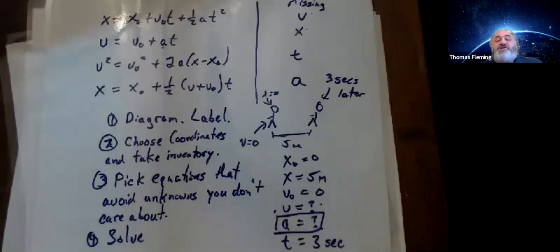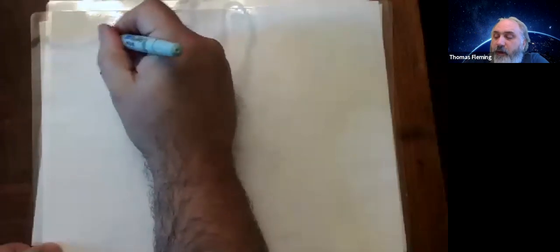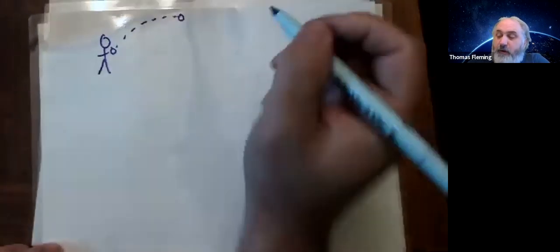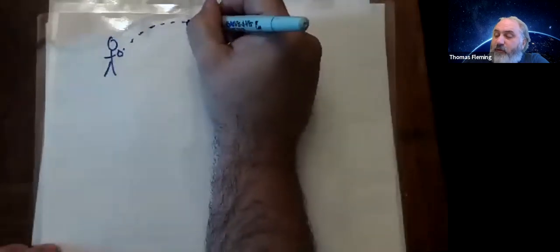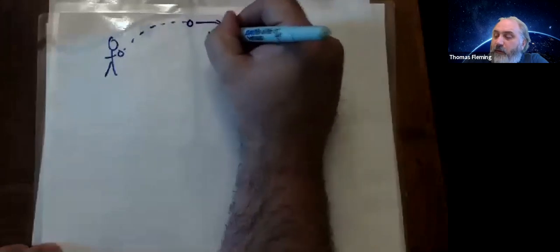In the third chapter, what changed? We started talking about things in 2 dimensions. So maybe I've got a dude, and that dude is throwing a baseball, and later on the baseball is here, and it's traveling horizontally at that exact moment with a speed of 5 meters per second.